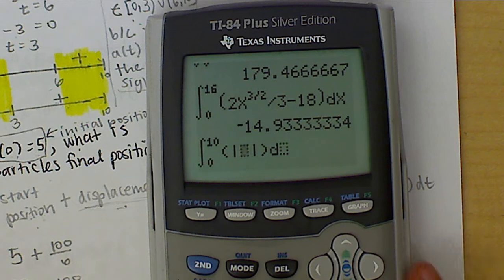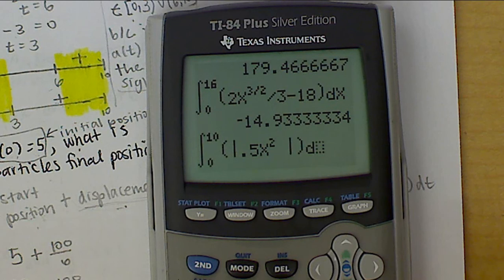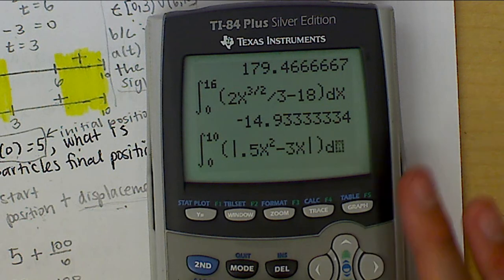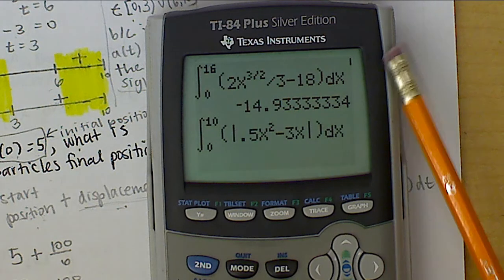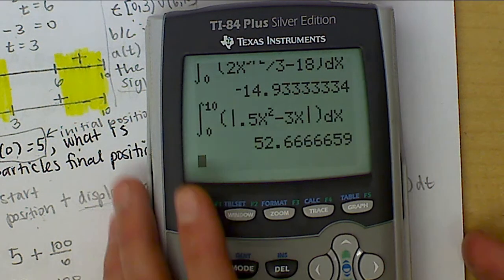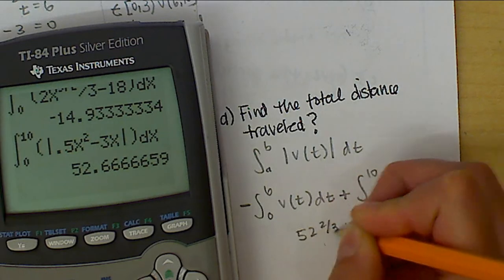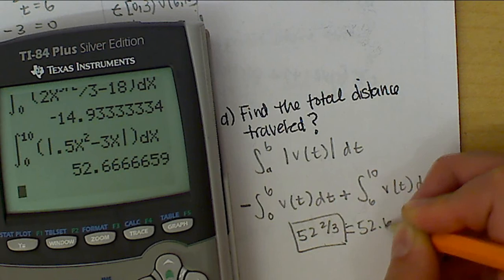So this is the absolute value of 1/2, I'll say 0.5 x squared minus 3x dx. It's thinking. 52 2/3. Or if you prefer decimals, 52.667.